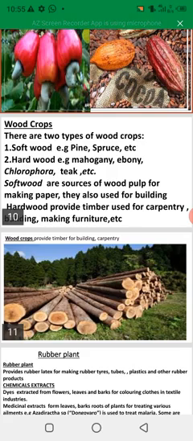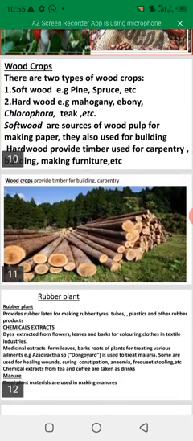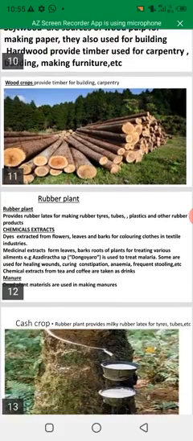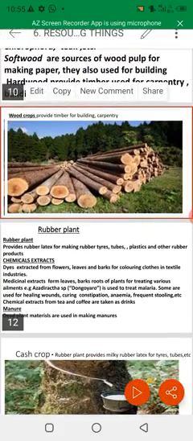So the softwood is for making paper and also for building. The paper we are writing on is made from softwood, while the hardwood provides timber for carpentry, for making chairs, for making furniture, and also for building. Can you see the picture of the timber we use?